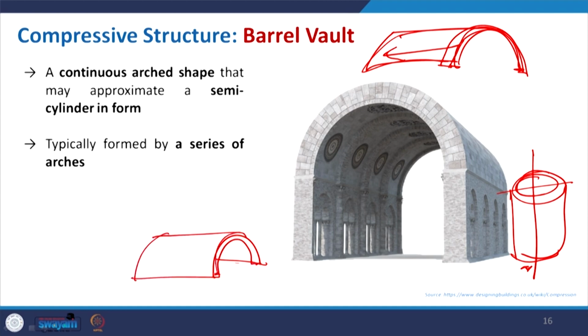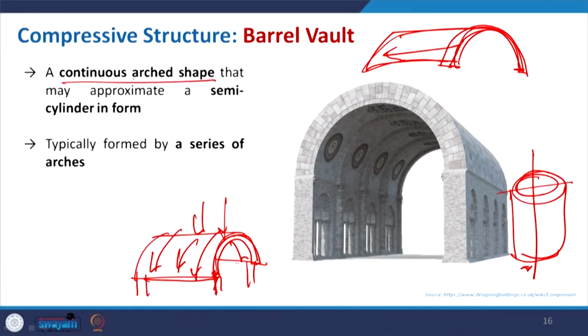Here also, because it is similar to the arch, the load is transferred through compression. Whatever load is applied on it will be transferred to the support. Normally it is supported by a load bearing wall, and it is typically used for making corridors and as a rooftop in many buildings.